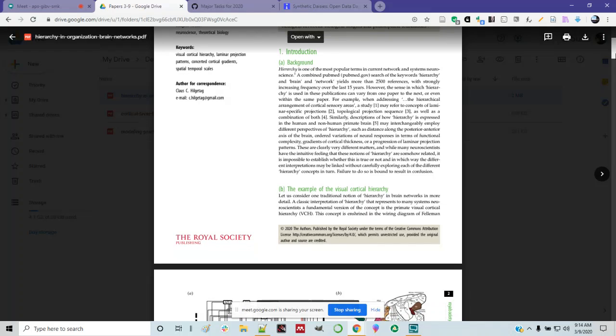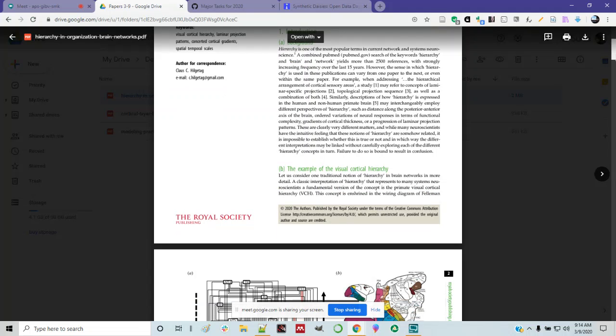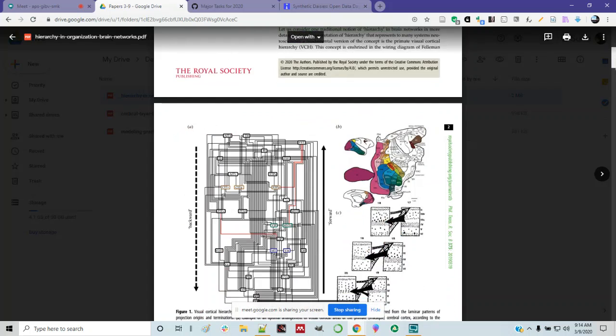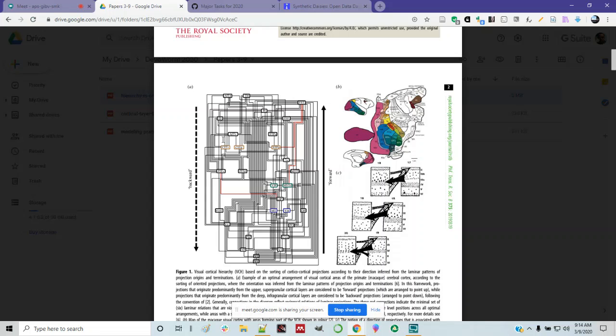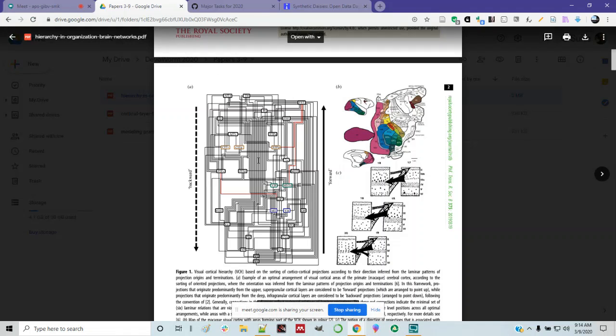People have been talking about this for years, but it's been very vague in terms of what people are thinking. This is an example here. This network is what they call a visual cortical hierarchy. It's based on an image from maybe 25 or 30 years ago, where they were doing studies in macaques, which are a type of primate, where they would map all these connections out by hand and then assemble these networks.